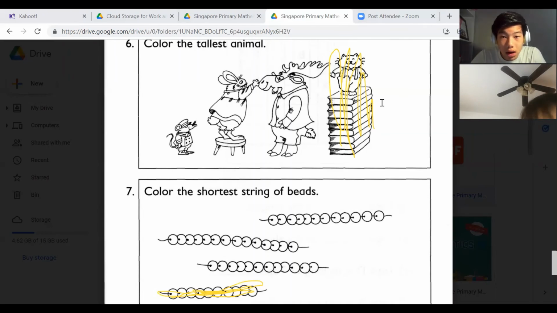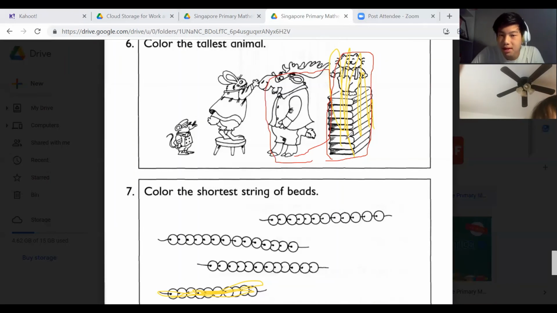Okay. So for the first one, it says color the tallest animal. Depending on how you see the problem, the answer for different people might be different, okay? Technically the tallest animal is the moose or the deer right here. But then the tallest animal can also be this cat over here, because he's standing on a bunch of books.